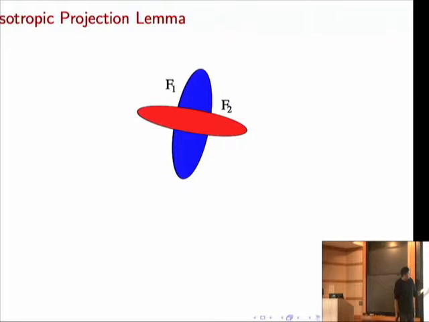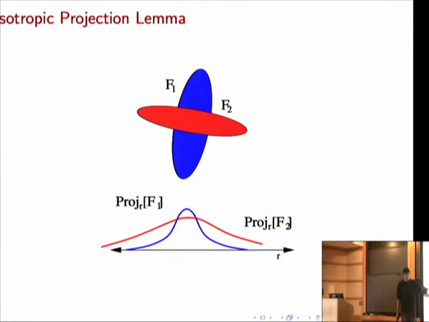But now the intuition is that if the vector u is 0, let's say, then the only way that f1 and f2 can have at least epsilon statistical distance from each other is if in a typical direction their variances look different. In the case where the means are the same, it has to be the case that for a randomly chosen direction r, the differences in the parameters of these two projections will be owed to their difference in variances.